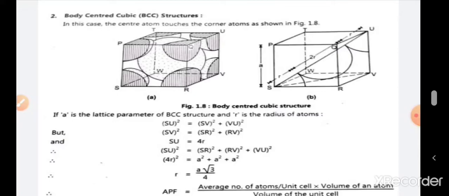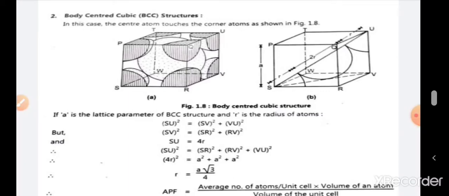So the total number of atoms in the unit cell is 2. If you check the diagram, one atom is placed at the center of that cube and another atom is placed at the corner of that body.